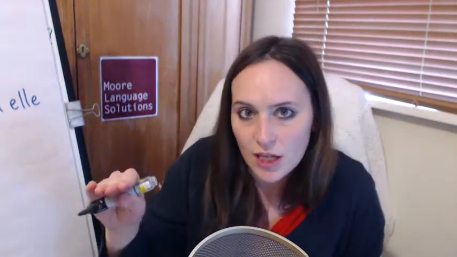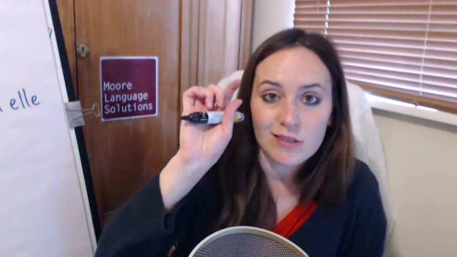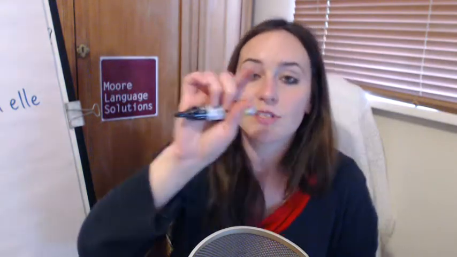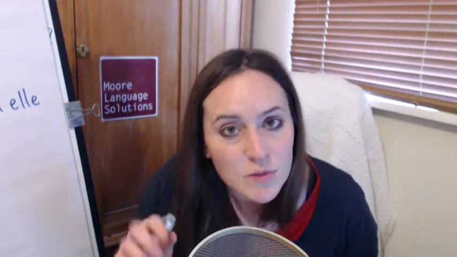Now, that third person "to him, to her" thing is the one that's different in the direct object pronouns versus the indirect object pronouns. So, direct object pronouns would replace "it" or "him, her". So it would either be le or la, depending on the gender of the thing that you're replacing.